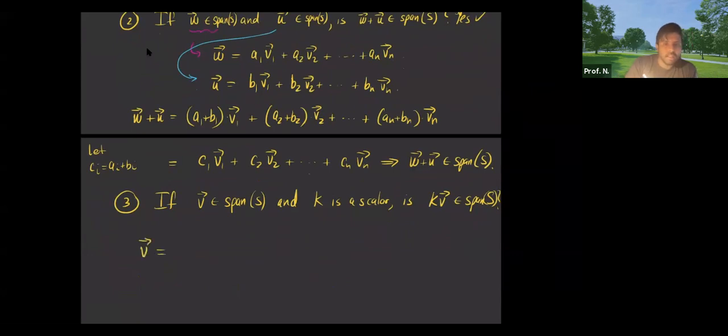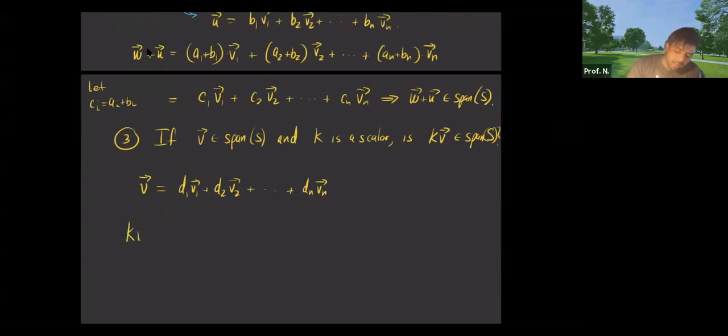So if V is in the span, what does that mean? I can rewrite this as a linear combination of V1 through Vn. Use letters. You call this D1 V1 plus D2 V2 plus all the way down to Dn Vn. What happens when I take K times V?